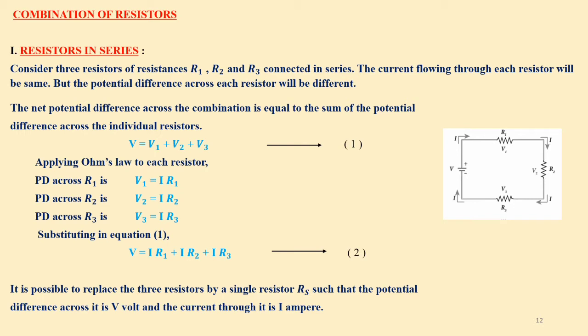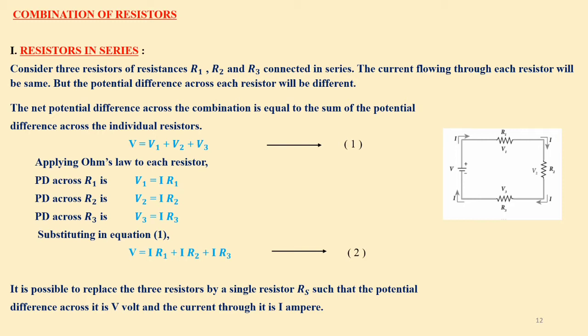Now the net potential difference across the combination is equal to the sum of the potential difference across the individual resistors. That is V equal to V1 plus V2 plus V3. This is equation 1. Applying Ohm's law to each resistor, PD across R1 is V1 equal to I into R1.